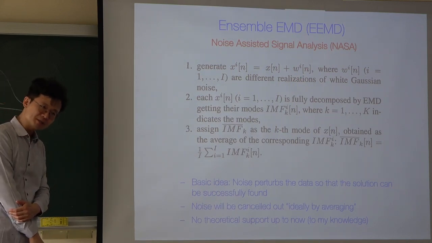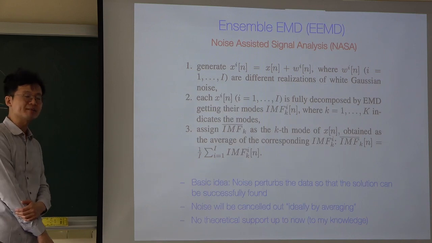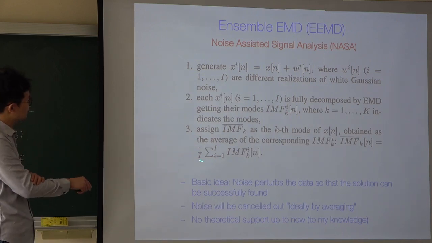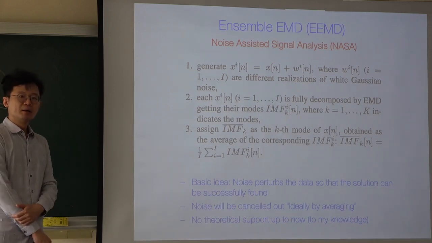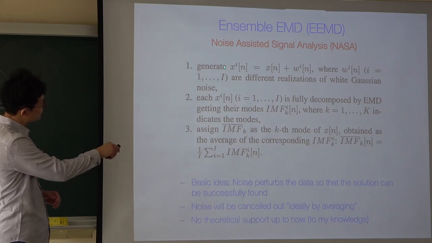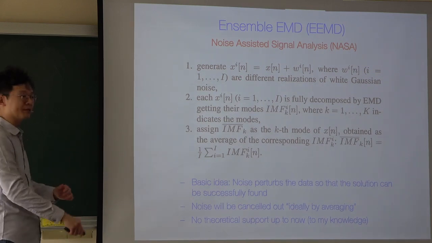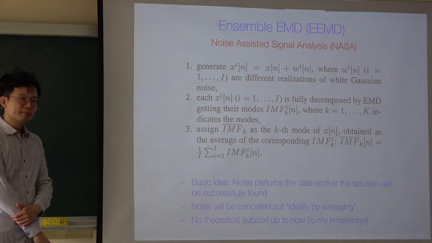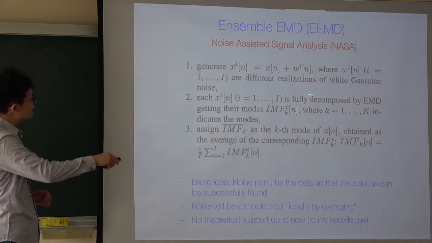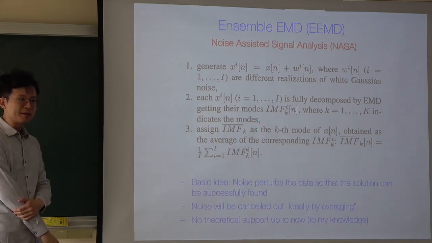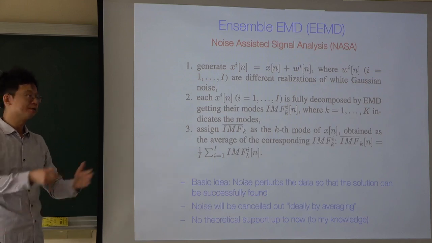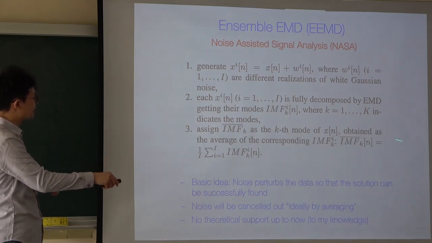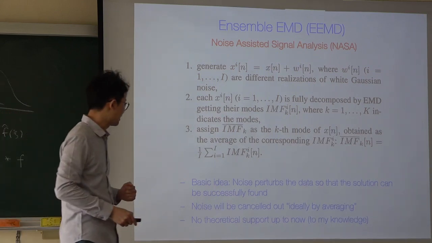Yes, you add white noise. You make it noisy, and you run EMD. You get some decomposition. And you add many times, many different white noise. They are all independent. And in the end, you get many decompositions, and you order all the IMFs and you do average. And that is the final corresponding IMFs.